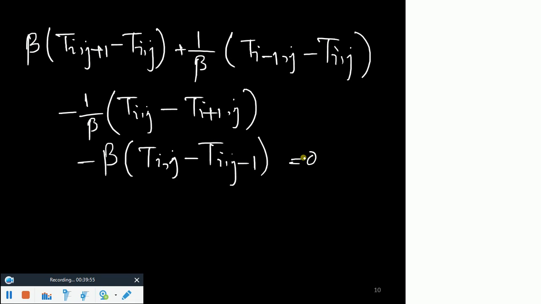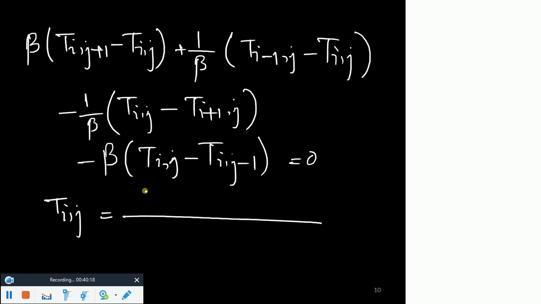Okay, now just simplify this term. On the left hand side you should only have Tij, and just take all the rest of the terms on the right hand side. Right, on the left hand side you should have only Tij. This was what you need to know, right, and put all the rest of the terms on the right hand side.